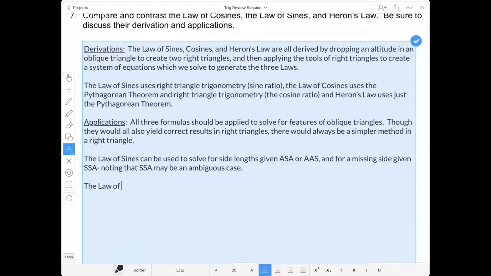The law of cosines can be used to solve for side lengths given side, angle, side, or an angle given side, side, side.